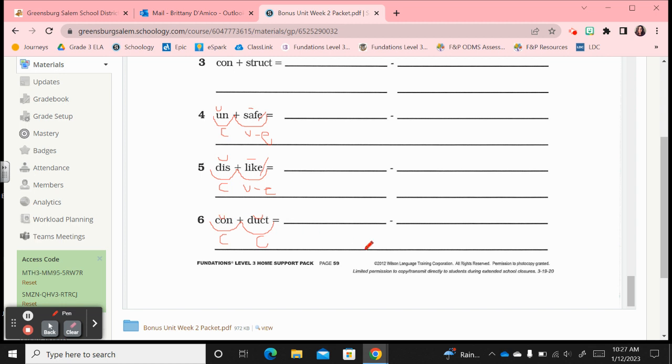So maybe we could say the boy will conduct the band on stage. He'll lead the band. You can conduct singers. There's somebody called a conductor that works on a train that leads the train.